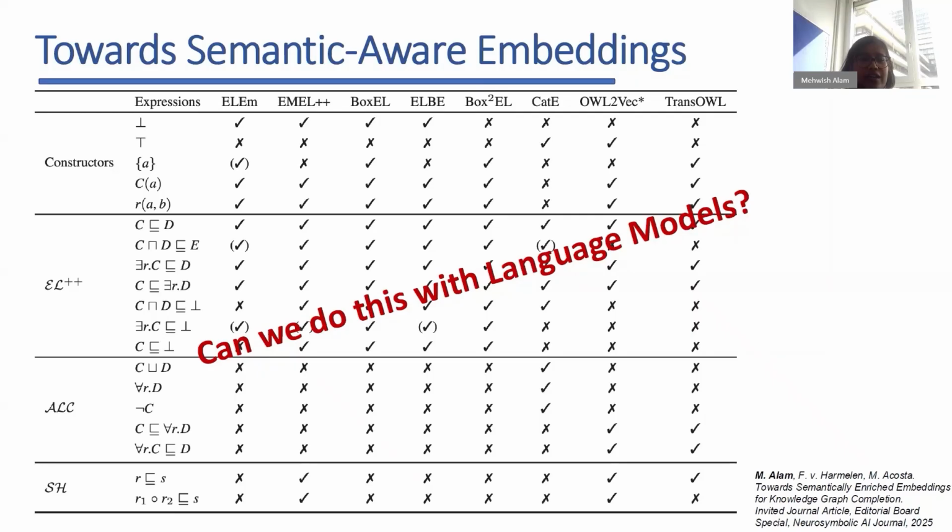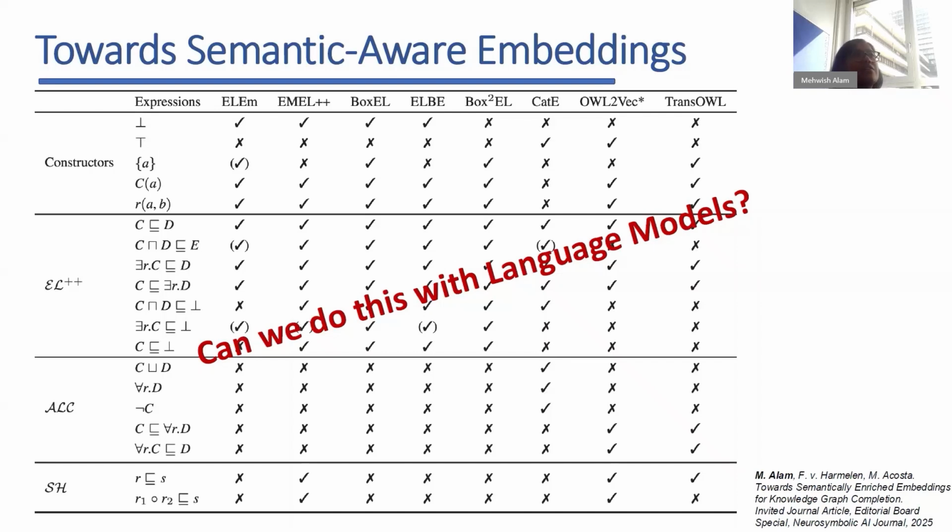You can already see that you do not have many algorithms which take care of these ones, like role composition. Then you have the bottom concept, which is not really represented in any of them except for Cat2E, for example. So there is still room for improvement.